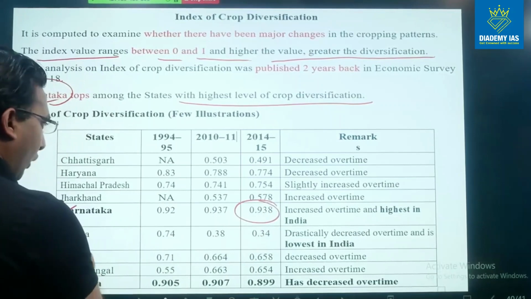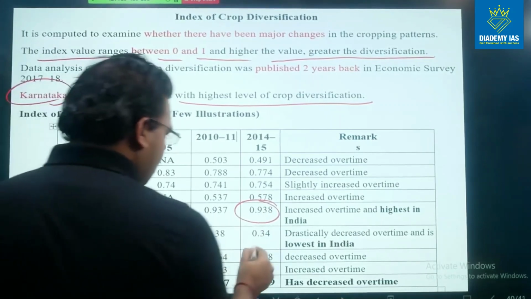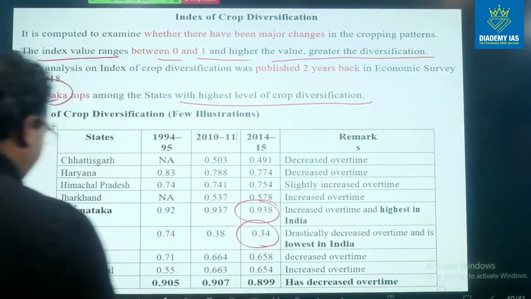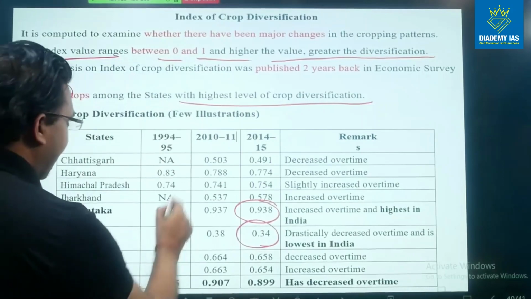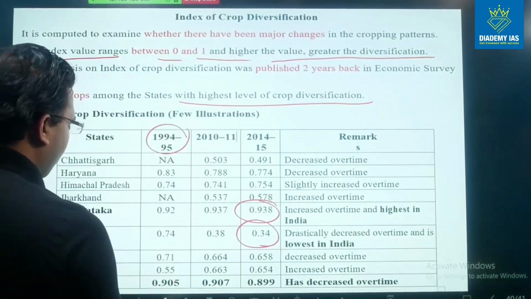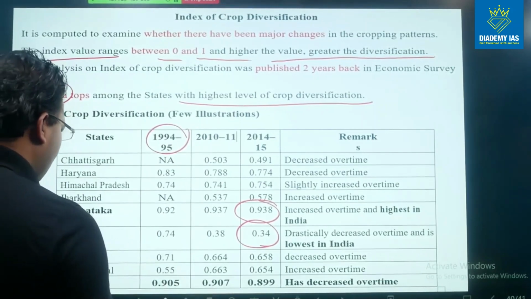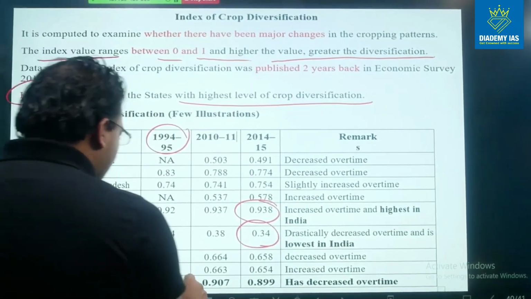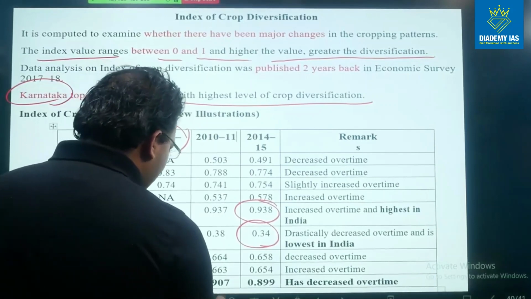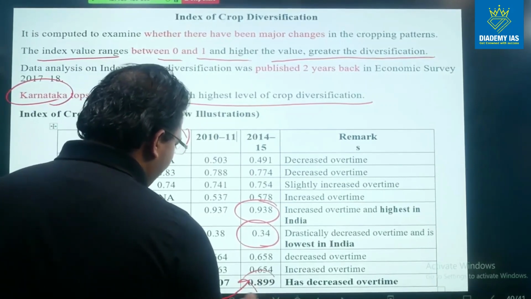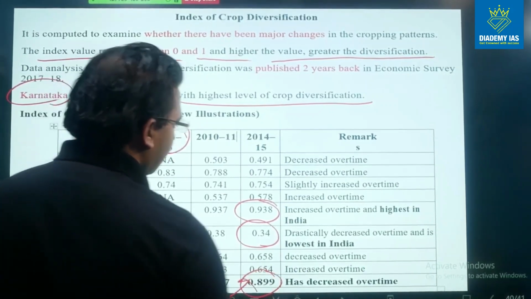and Odisha score is lowest, and all India, if we see as compared to 1994-95, the score has decreased. Crop diversification has actually decreased over a period of time in the last 25 years, right?